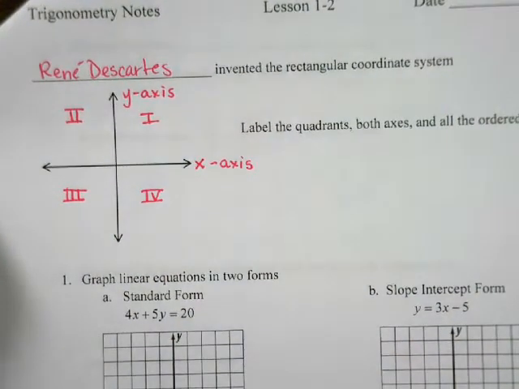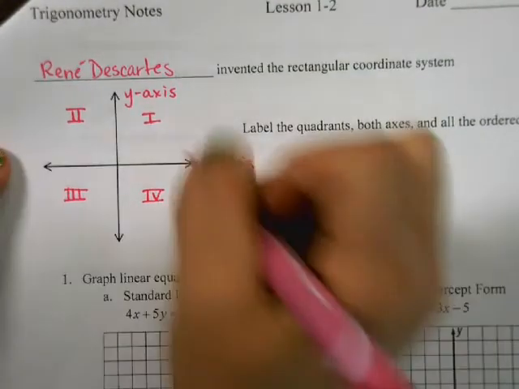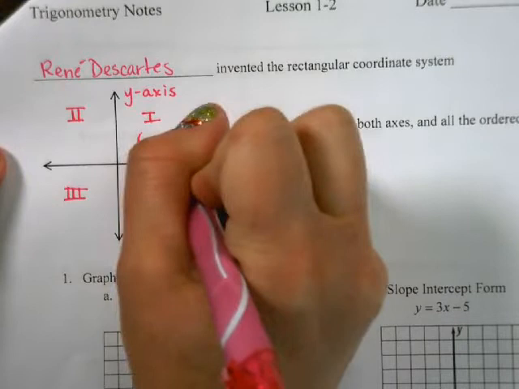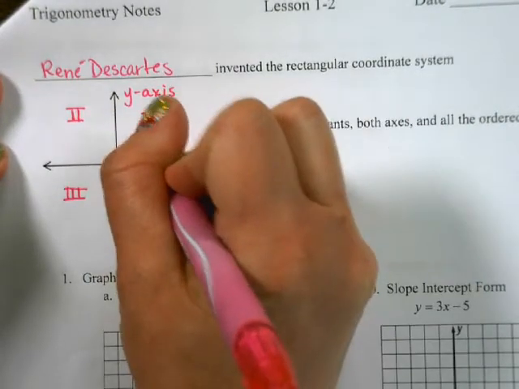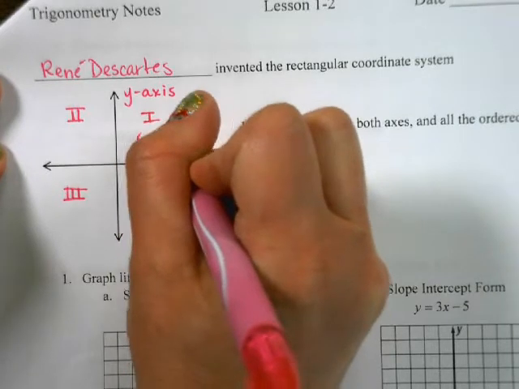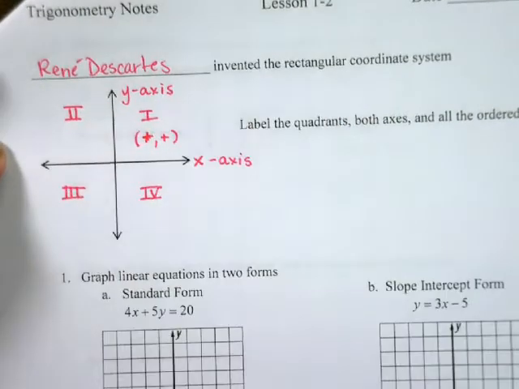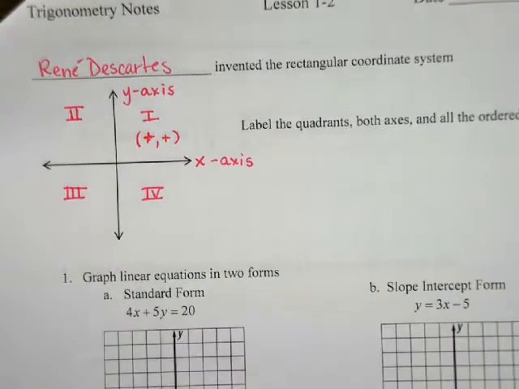Then it says label the ordered pairs. So if we talk about our x's and our y's, who's positive in quadrant 1? Everybody's positive in quadrant 1, so those are plus, plus. How about quadrant 2? Minus, plus.